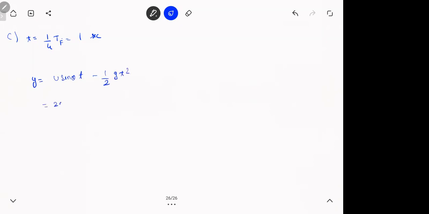So u sin theta is 20, time is 1 second, half g is 10, that is 1 square. That is 15 meters. This is straightforward. The particle is at a height of 15 meters. Speed, no? What is Vy? U sin theta minus gt. U sin theta is 20, g is 10, t is 1. So the vertical speed is 10 meters per second.